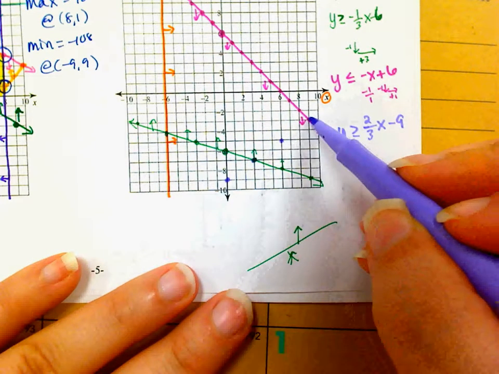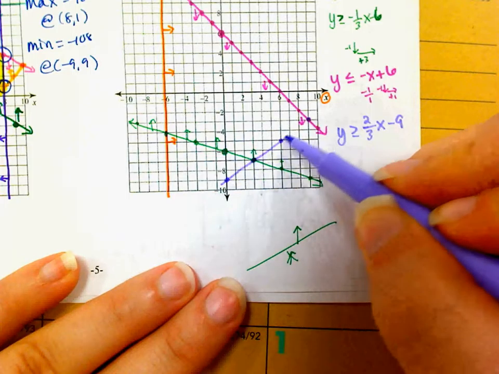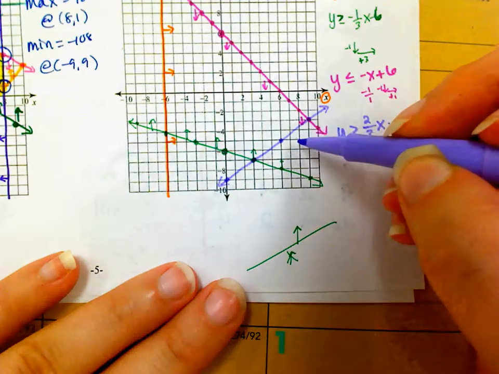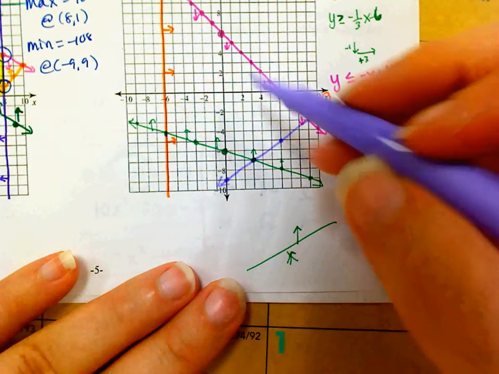It says greater than. Now, if I had pointed my arrows down, you see how it wouldn't have really made sense, because it seems like everything is pointing into this region right here, and I would have been pointing down right there. So that's kind of a clue that something's wrong.